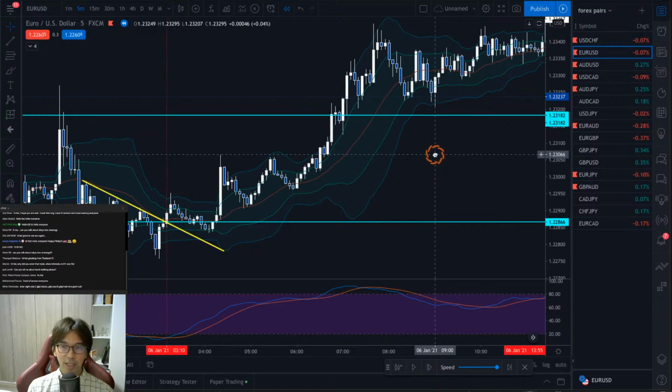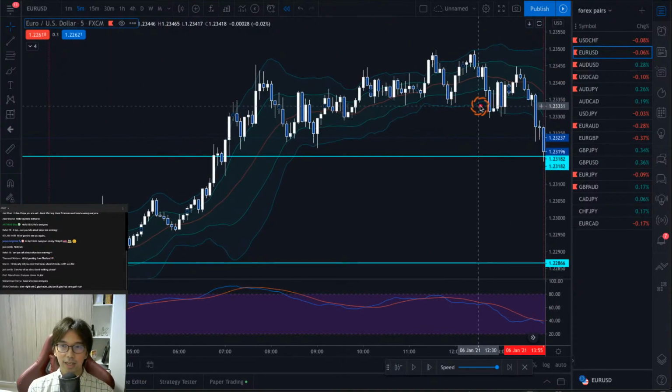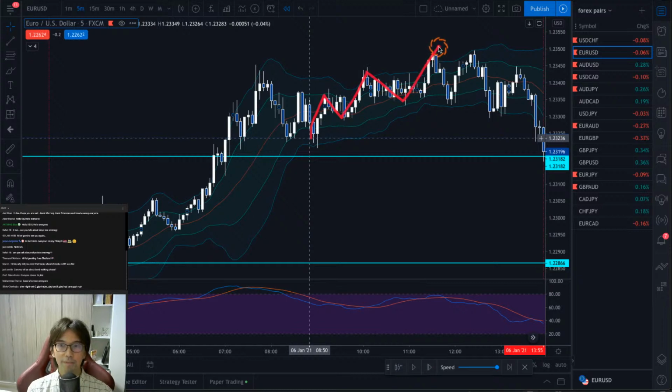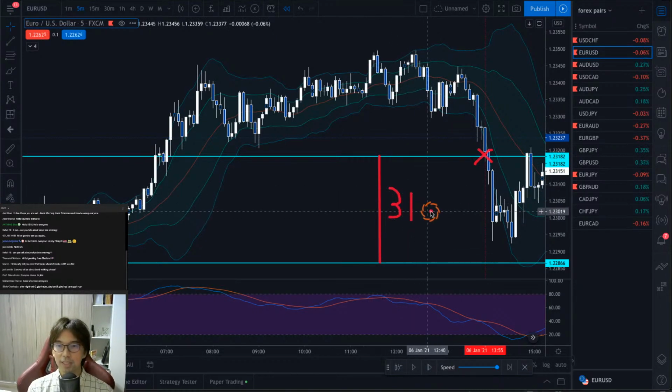And afterwards, the market consolidated, and seemingly it was breaking upwards, right? It was almost breaking up on this bullish wave and created a double top, and the market reversed backwards, and this was exactly where I exit. And over here I had about 30 pips of profit, exactly 31 pips.